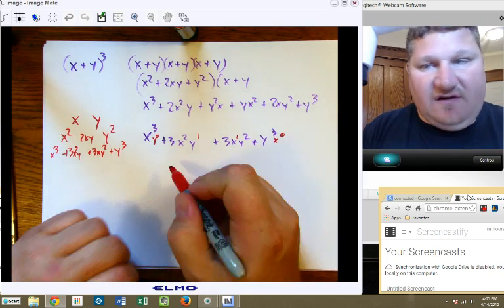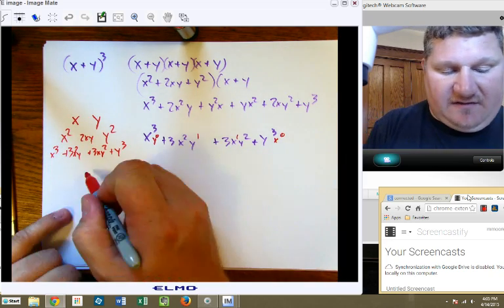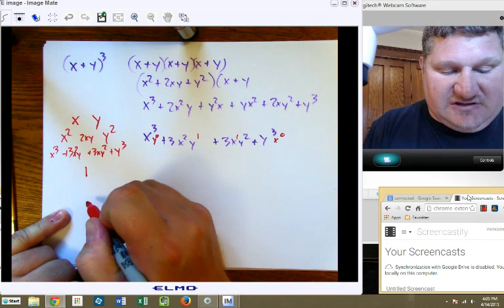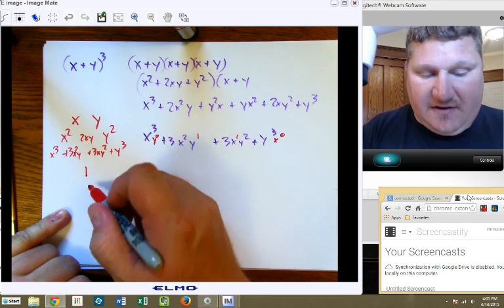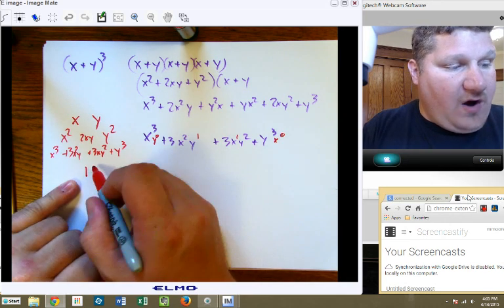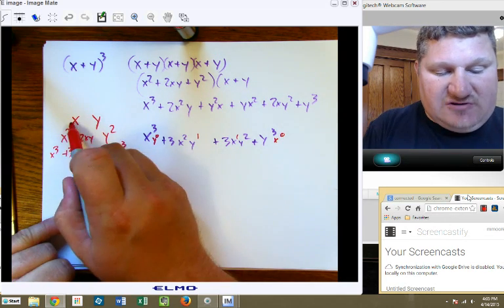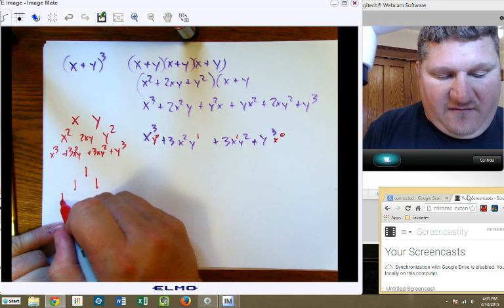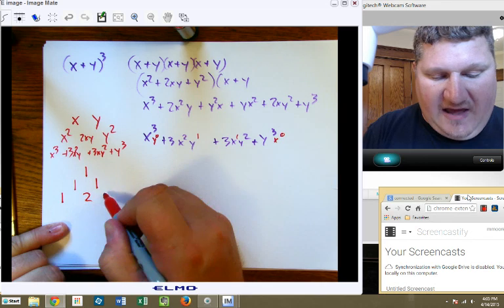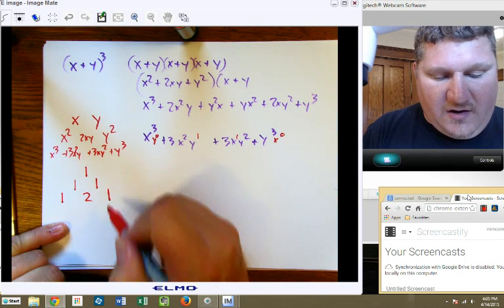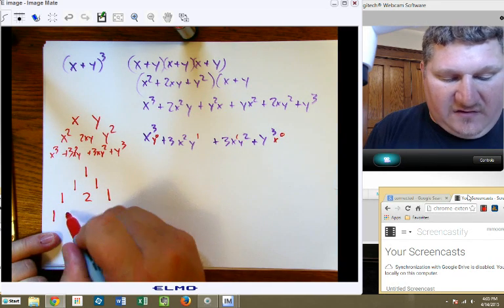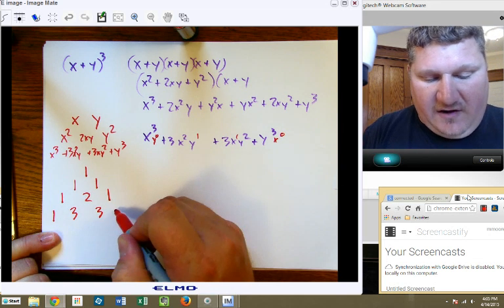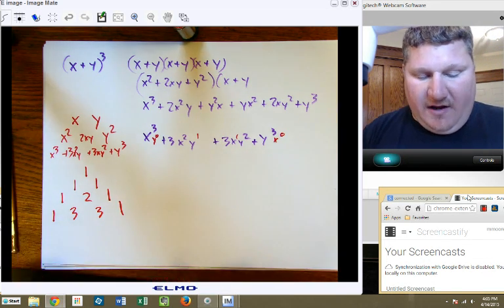And the pattern is easily broken down by Pascal's triangle. If I have 1, which is just a constant, no variables, I have 1 as a coefficient. But as soon as I take x and y, I have 1x, 1y. Then I have 1x squared, 2xy, 1y squared, 1x cubed, 3x squared y, 3xy squared, and 1y cubed.